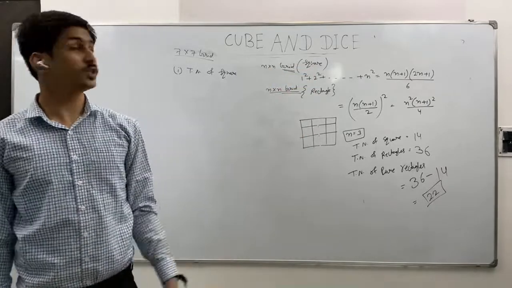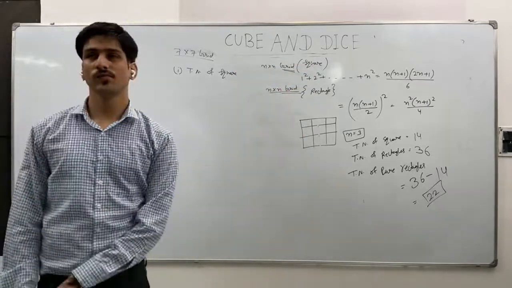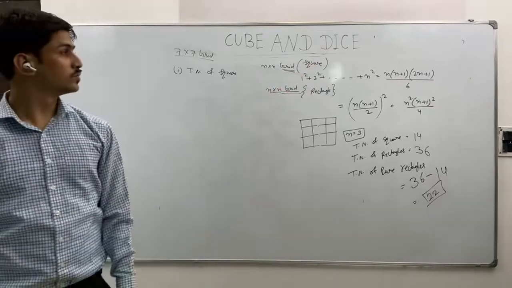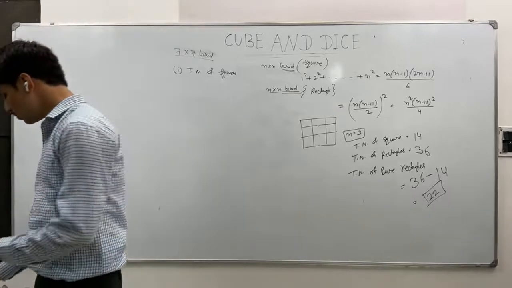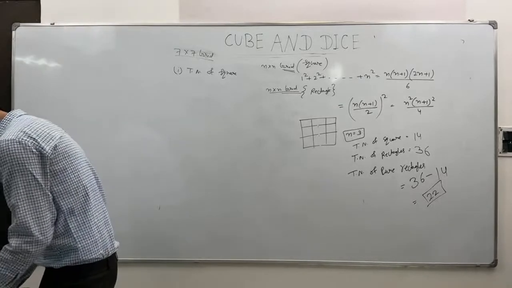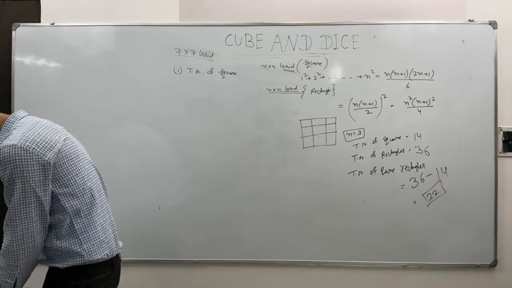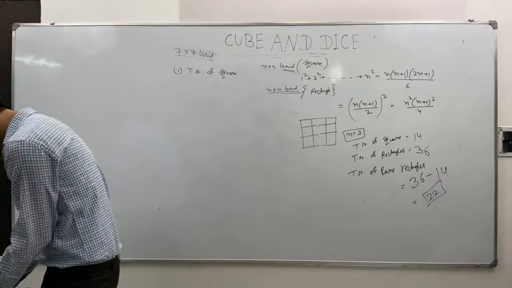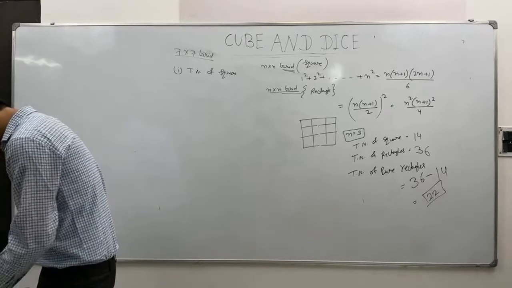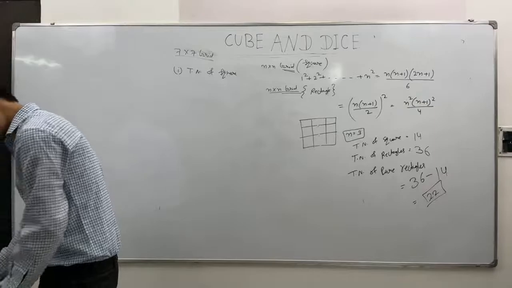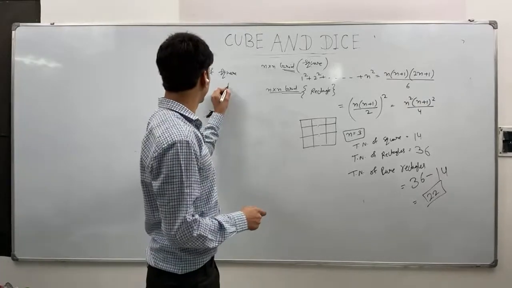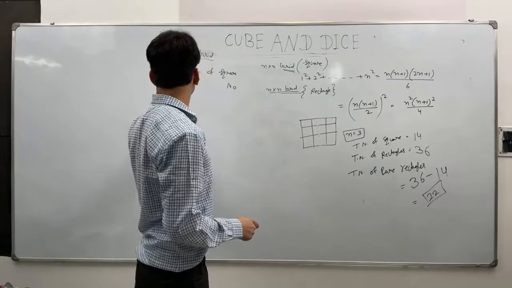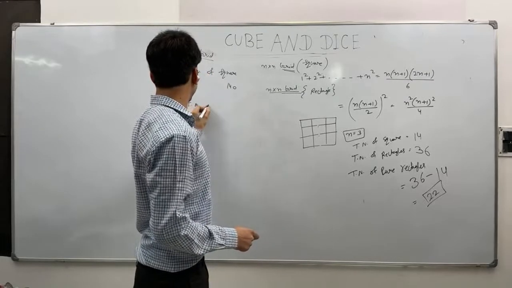Then calculate and tell the answer. 7 into 8 into 15 by 6. 140, right?